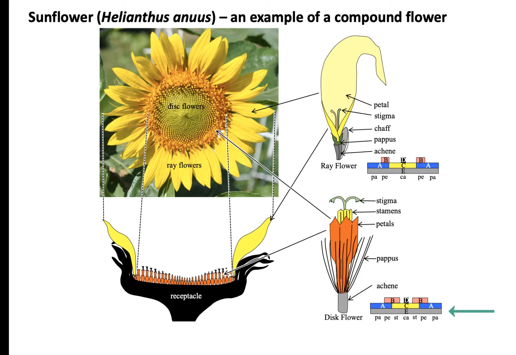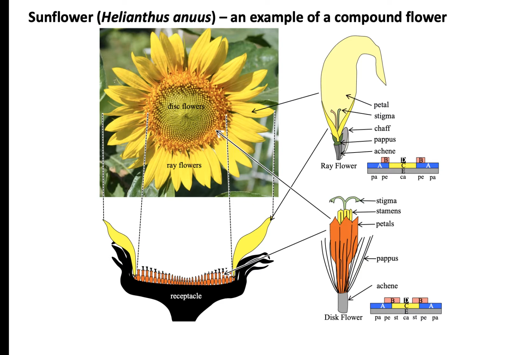Now, if you look at the genes that are turned on in those, then there's a slightly different pattern. The disc flowers have something like a normal floral pattern of the A, B, C, D, and E genes. But then the ray flowers have a different patterning in that the B genes and their products have a narrower range of expression, such that only pappus, which is like sepals, and petals are formed.